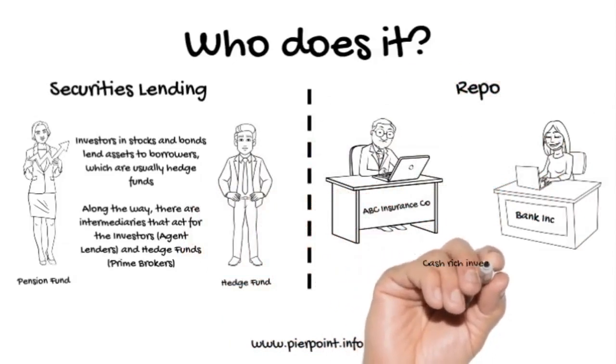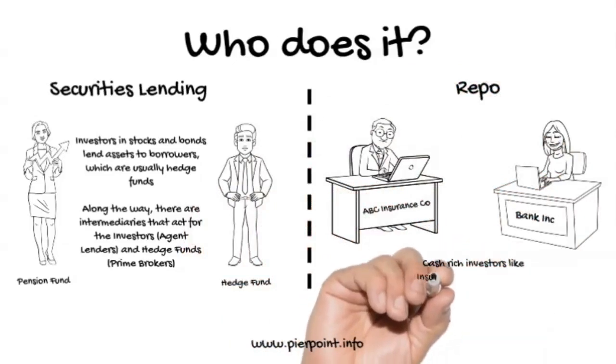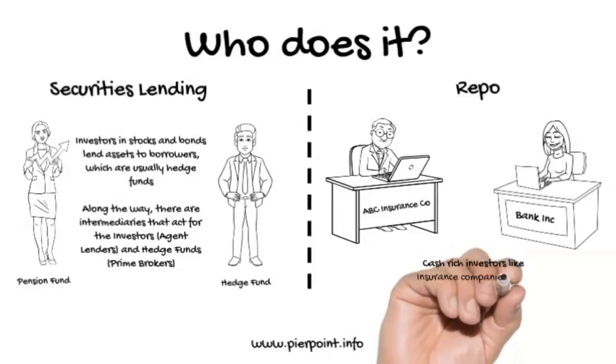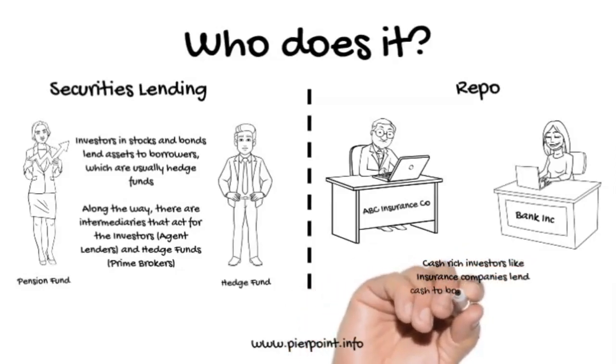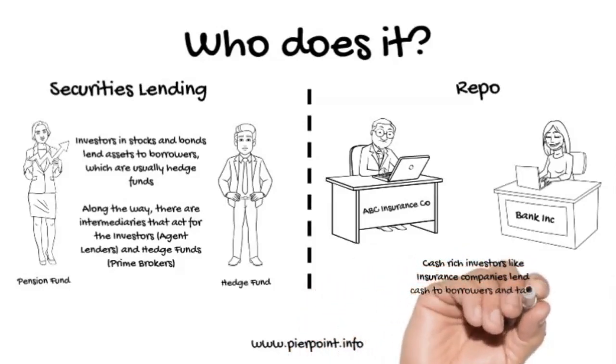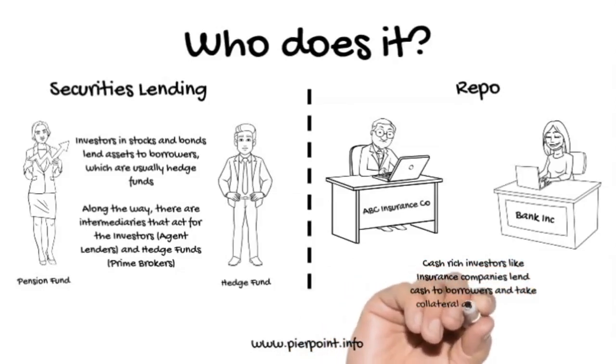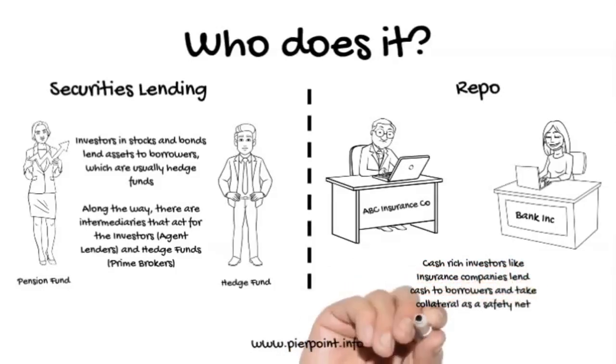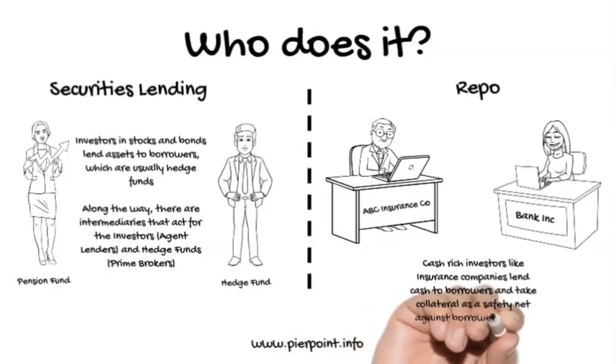Repo transactions, though, are more straightforward. You have one institution that has a surplus of cash and another institution that needs to borrow cash to fund their operating needs. Many market participants could be cash lenders or cash borrowers on different days.